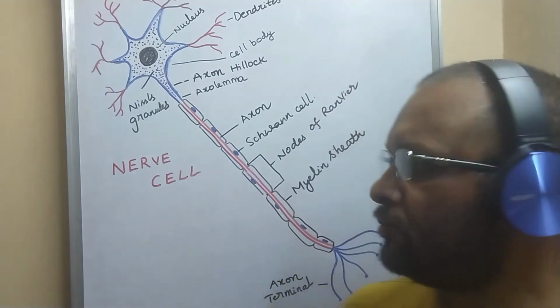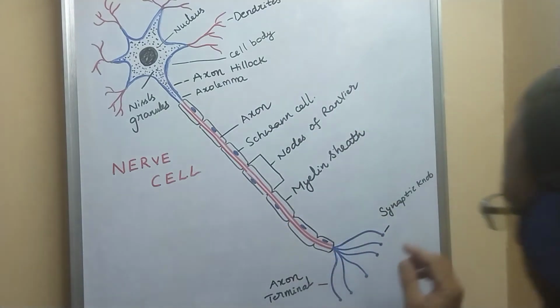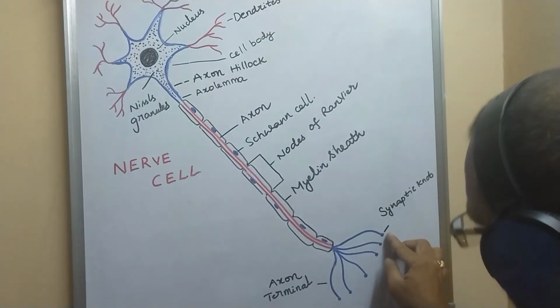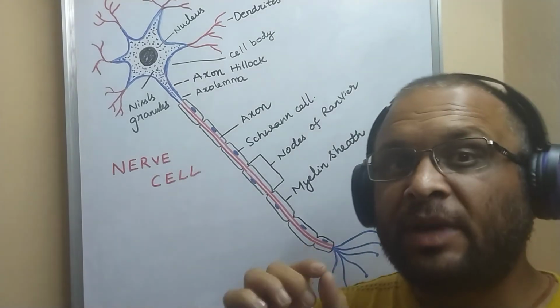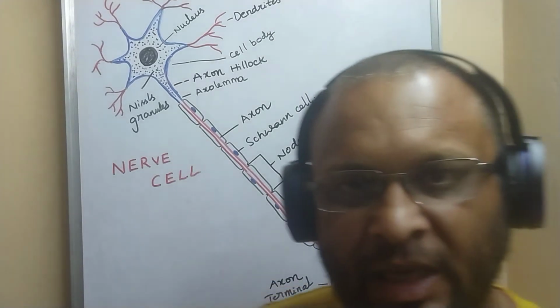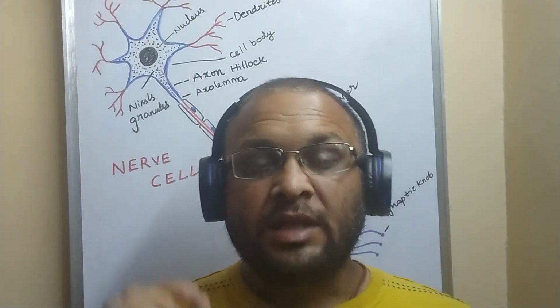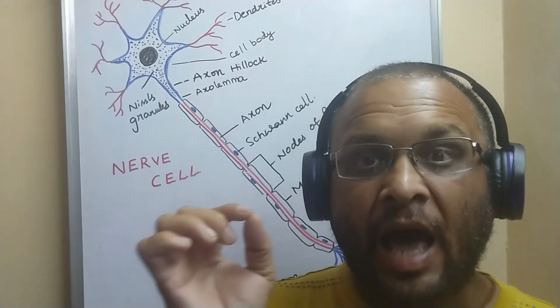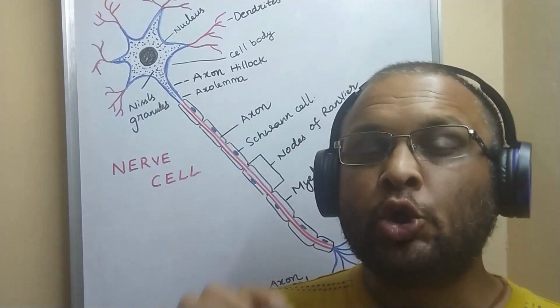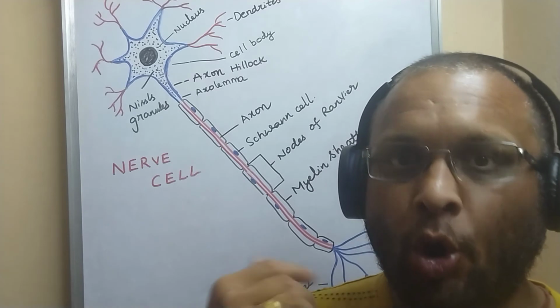Next, in the synaptic knob you can see synaptic vesicles. The synaptic vesicles contain the neurotransmitter acetylcholine.